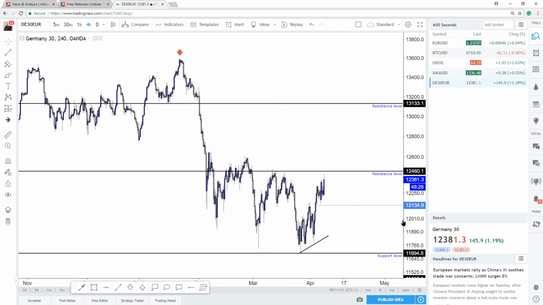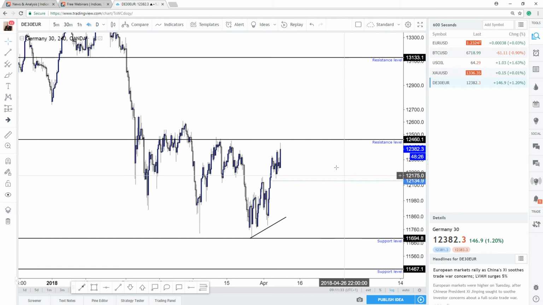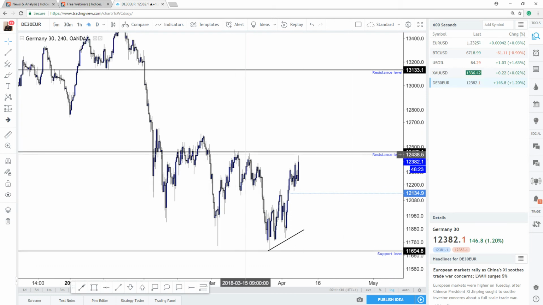Finally, German DAX. The market is capped by this level, but we took out the first level I was watching, and it definitely told me that most likely we bottomed out here. We had some nice comments. You can see here European markets rally as the Chinese Prime Minister soothes trade war concerns.